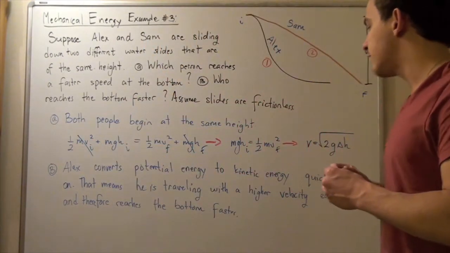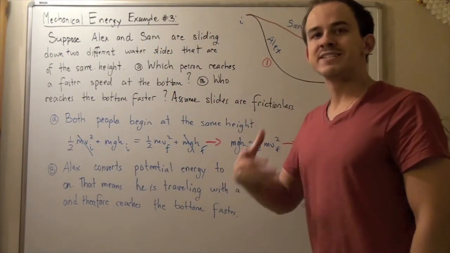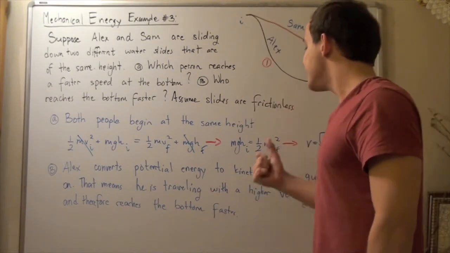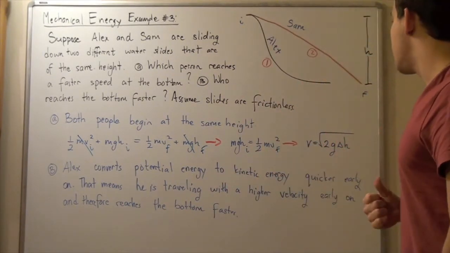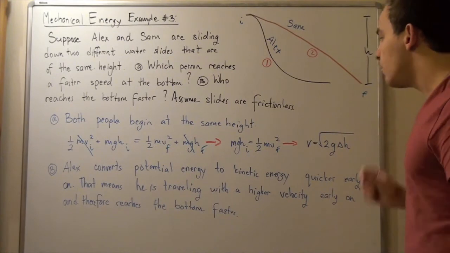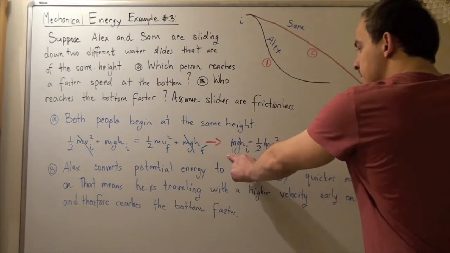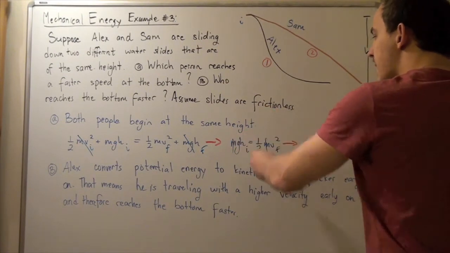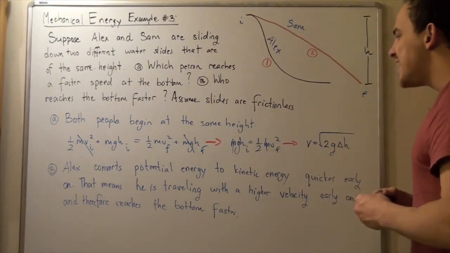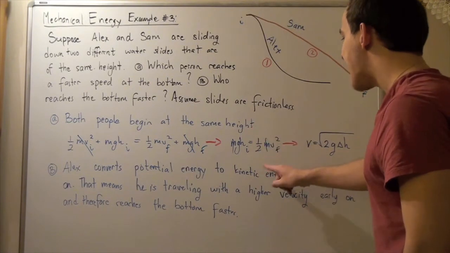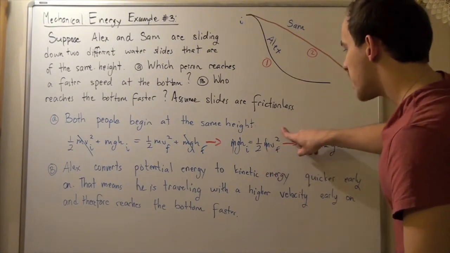And we are simply left with our gravitational potential energy at the top is equal to the kinetic energy at the bottom. So now notice that our m's will cancel out, right? There's an m here and an m here. We cancel them out and we're left with g h equals 1/2 v squared.